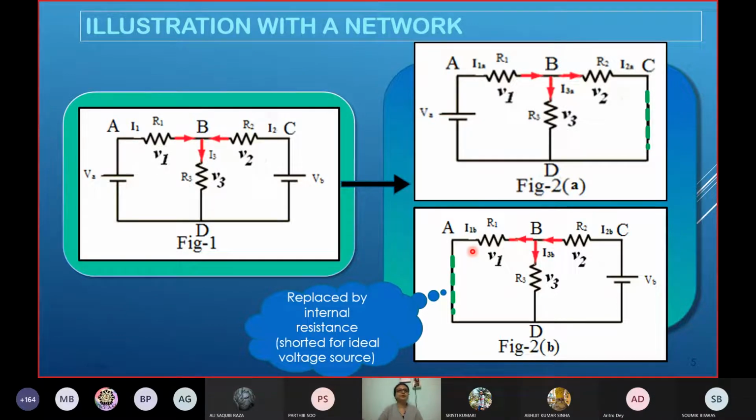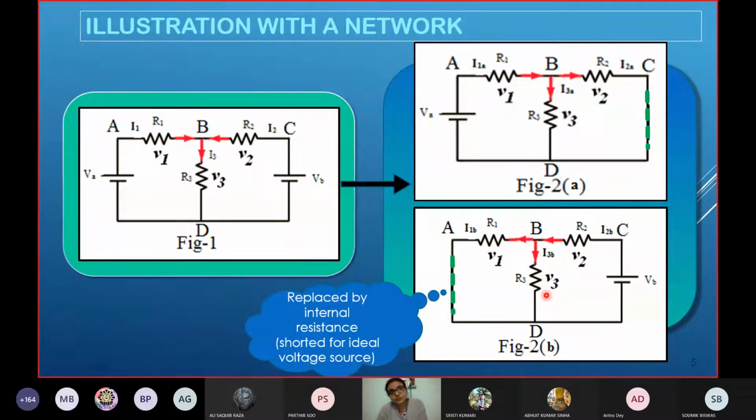VA, if it is an ideal voltage source, has an internal resistance of purely 0. So AD will be shorted, and VB applied. The effect currents are I1B, I2B and I3B.